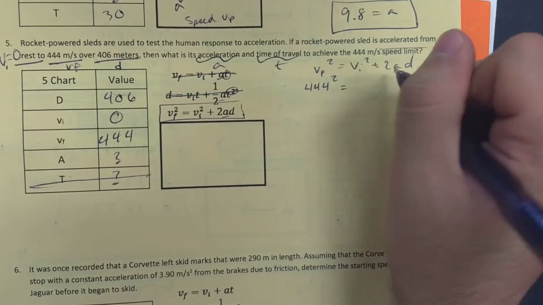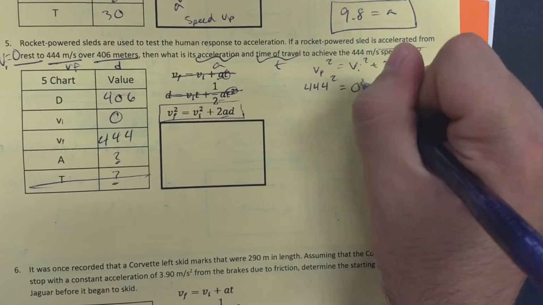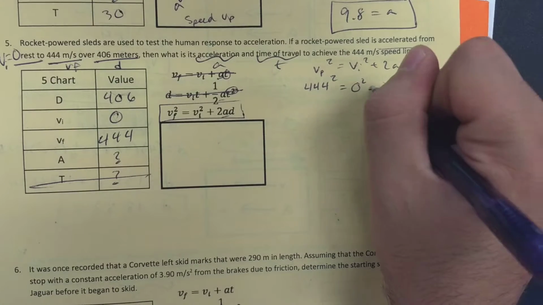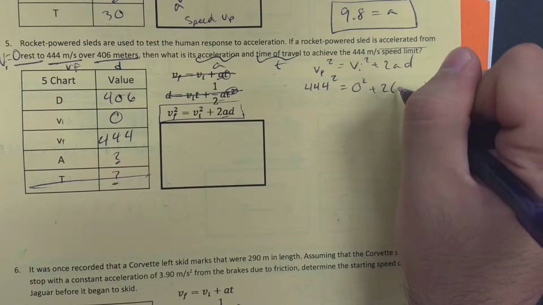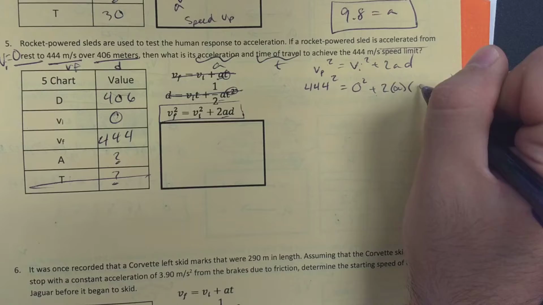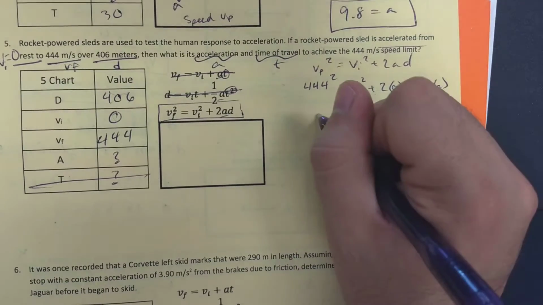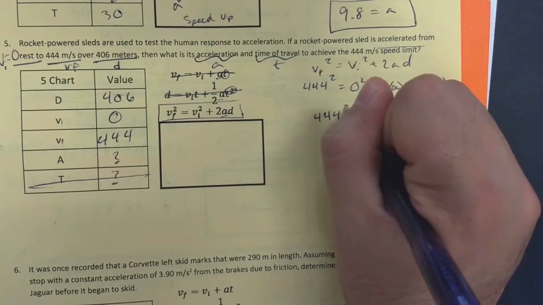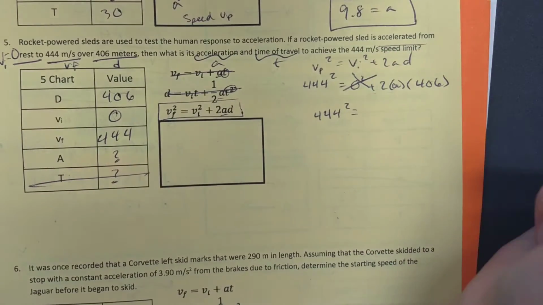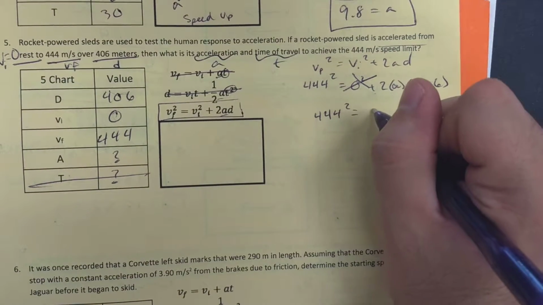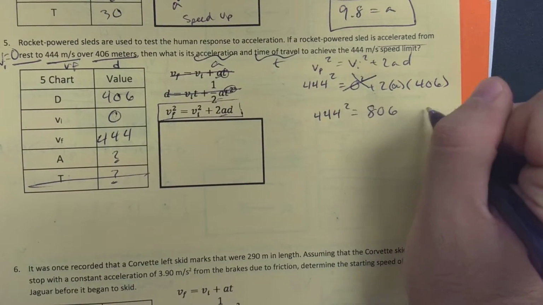Well, here, our VI is 0 squared because we're coming from rest, plus 2A. A is what we're looking for, right? And our displacement was 406. So, 444 squared equals, this term goes away because 0 squared is still 0, and now we just have 806A.